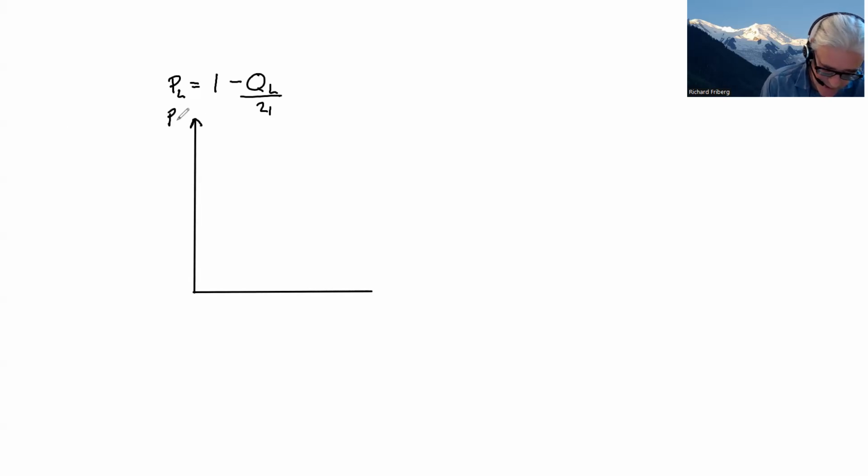Okay, so we have PL here, we have QL, so the price to this group and the associated quantity. So intercept here is 1.